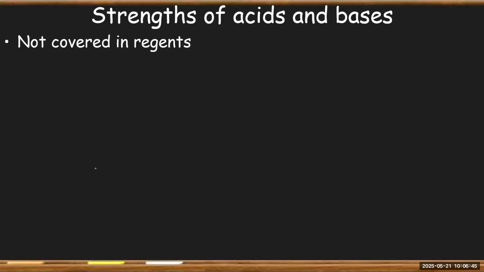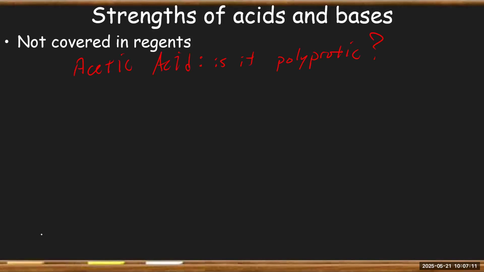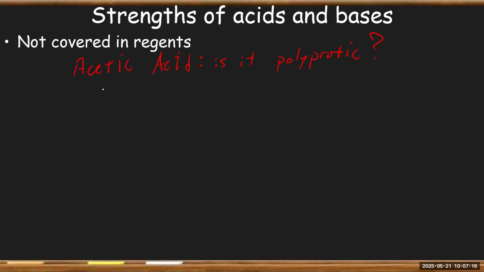Although one thing I do want to talk about that I kind of skipped accidentally is this, acetic. Is it polyprotic? All right, let's take a look at this for a second. You could go to the table and look it up, but acetic acid, also known as ethanoic acid, is HC2H3O2.